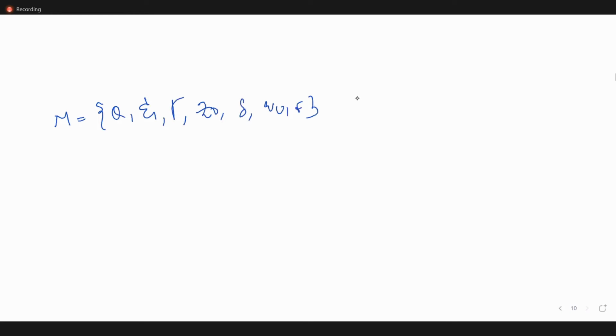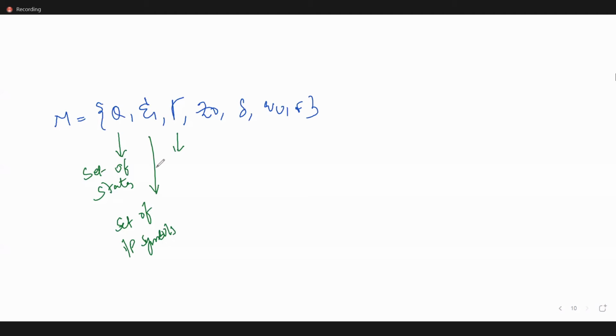What all these things are, we'll see now. This q is nothing but the set of states. The sigma is nothing but the set of input symbols. What is this tau?